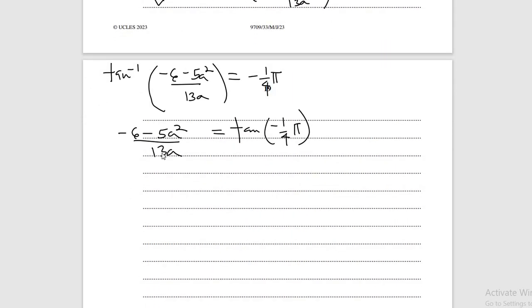So from here, this can be simplified as minus into bracket 6 plus 5a squared over 13a.